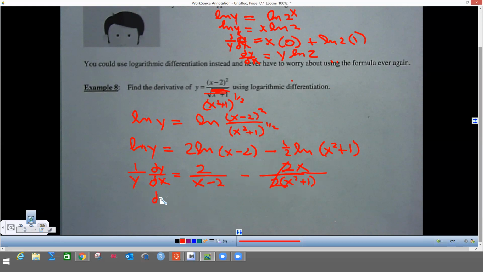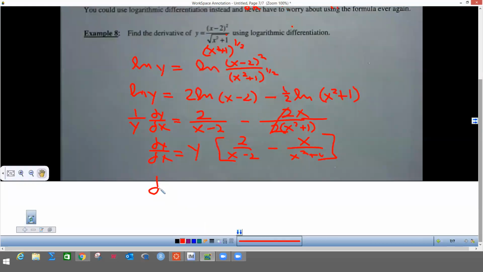So dy/dx is going to equal, and I'm going to multiply this y over here, 2 over x minus 2 minus x over x squared plus 1. And then last, we're going to stick this crazy radical stuff, this whole thing, back in for this y right here. And we'll be done.